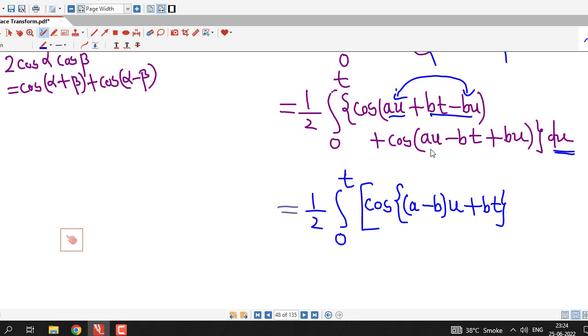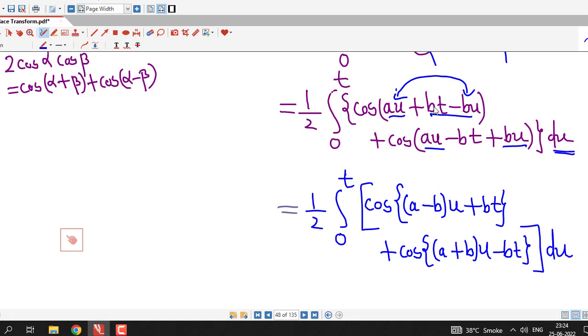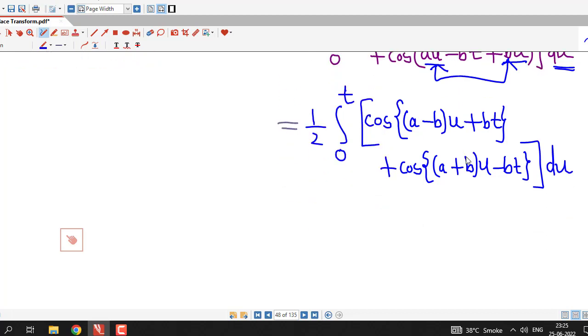Similarly here also we can combine these two terms, plus cosine of a plus b into u minus bt. So we have rewritten by taking this u common. Here we take u common and we are left with a minus b into u plus bt. Similarly here we consider u common and we are left with cosine of a plus b into u minus bt.